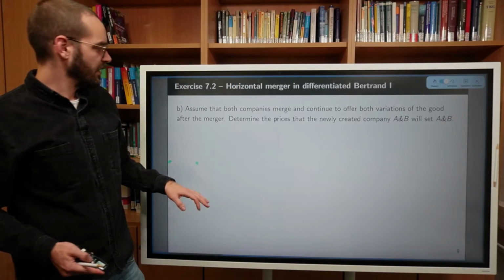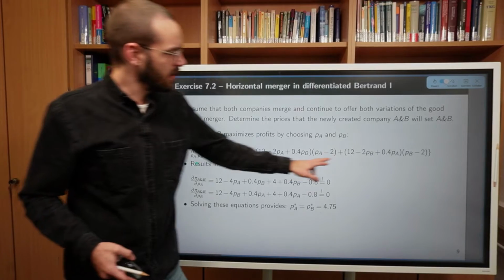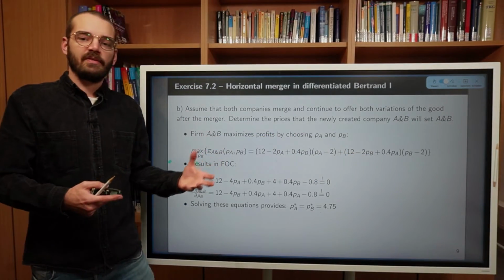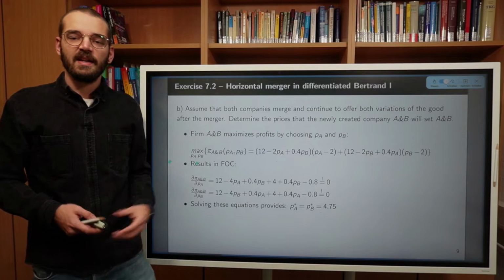Because in the profit function of the merged firm, you now have both of these terms included. So this spillover effect, or this externality effect, is then included.